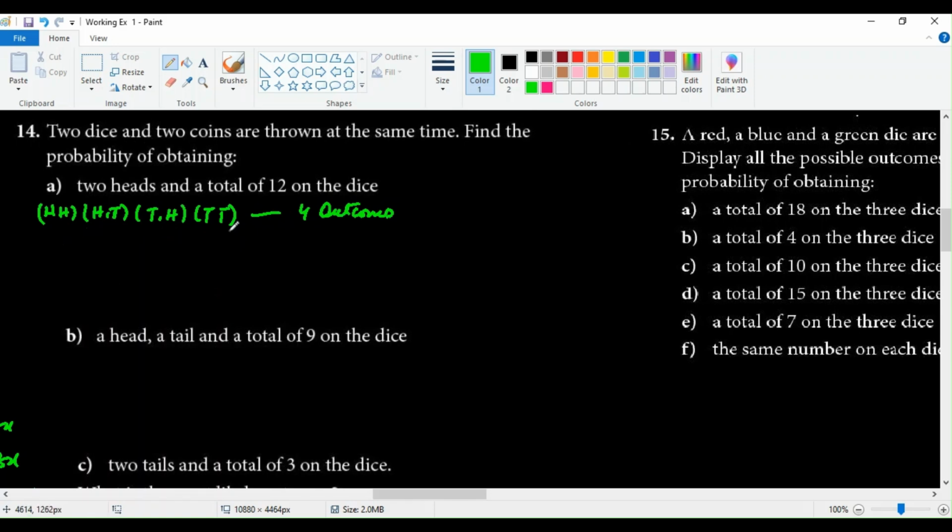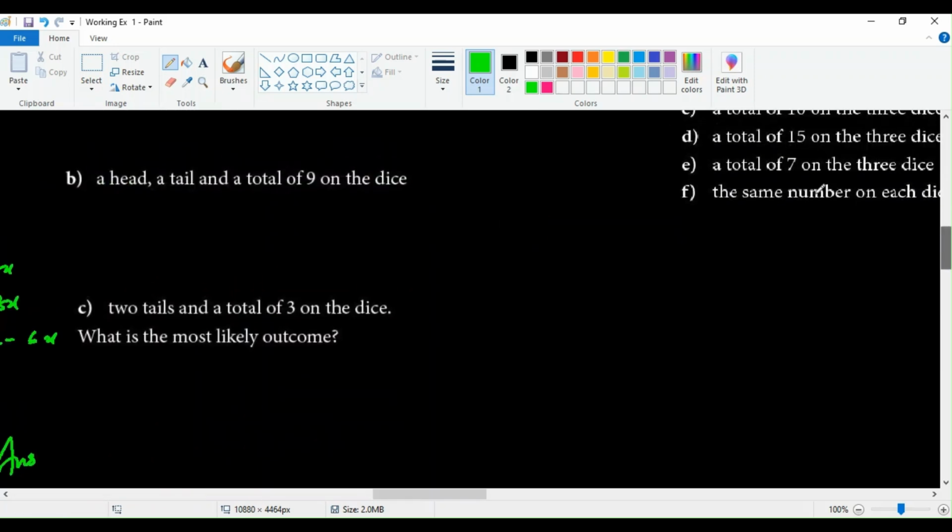For the two dice, it's going to be 6 times 6, which is 36. So altogether, 36 times 4 is going to give us 144 possible outcomes. Now, from here, we need to have two heads and a total of 12.